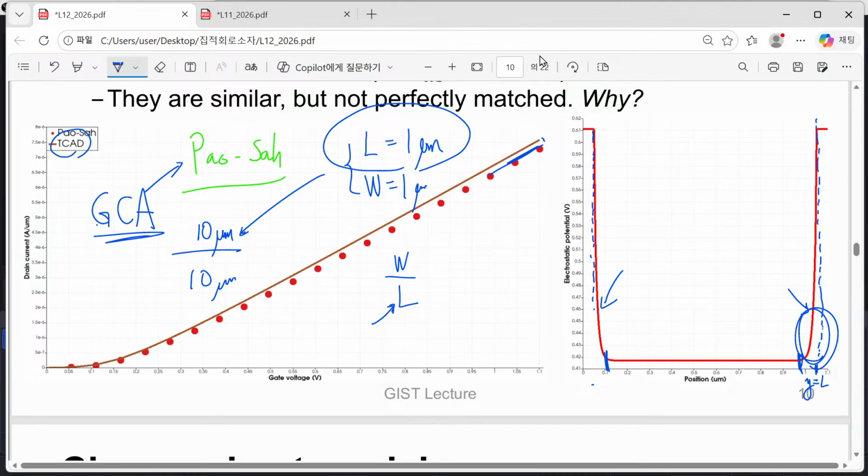Of course, this topic will be the main topic of our remaining lectures, the remaining semester. I have already told you that we have 3 topics in our entire semester. The first one was understanding the MOS capacitor.